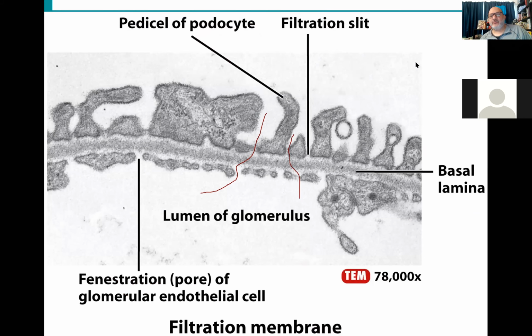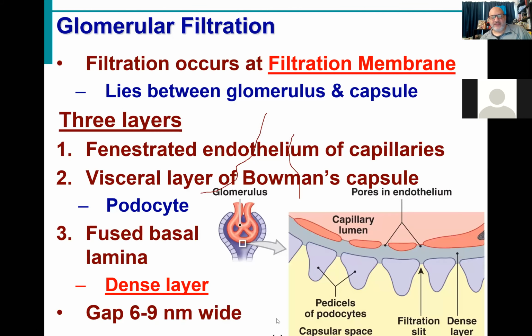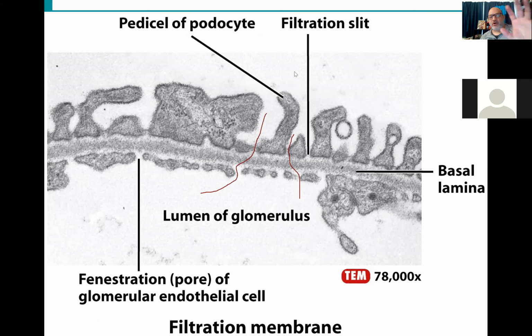And as it said, and we'll cheat and go back to the previous slide, this gap is only about 6 to 9 nanometers wide. So again, no formed elements, no large proteins are sneaking out, just all the little stuff, right? Ions, metabolic wastes, metabolic materials like glucose, amino acids, things along those lines are all sneaking out. So anything small in the plasma and some of the water of the plasma, about 10%, leaves in the glomerulus.